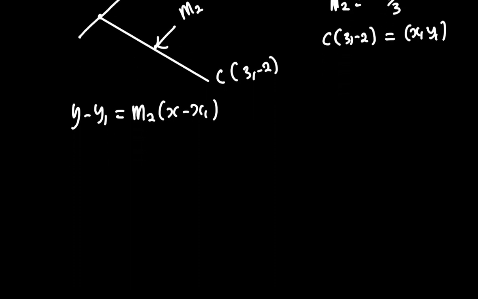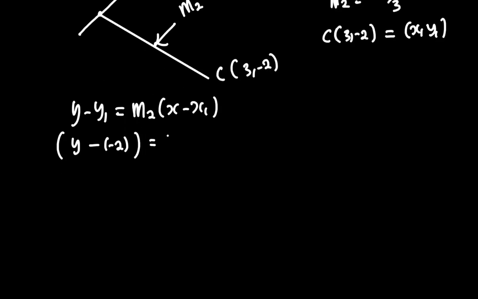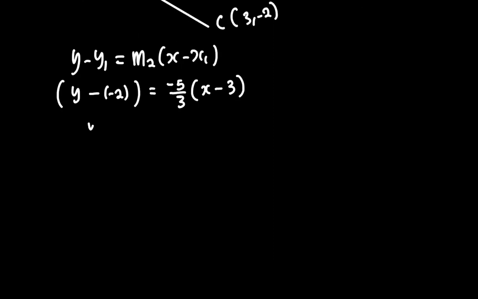Hence, we are going to have y minus minus 2, in brackets, is equal to the gradient, of course, minus 5 over 3, into x minus 3. Now, this is y plus 2 is equal to minus 5 over 3 into x minus 3.